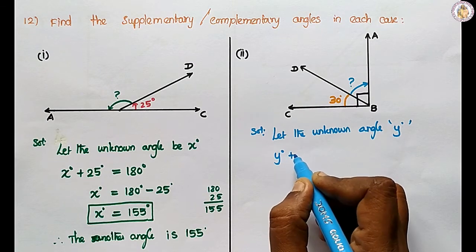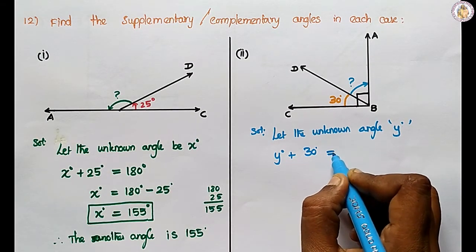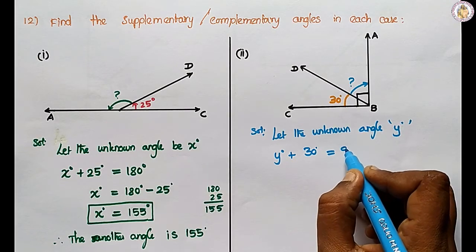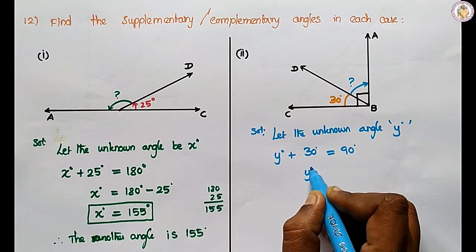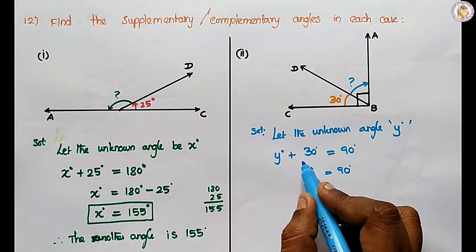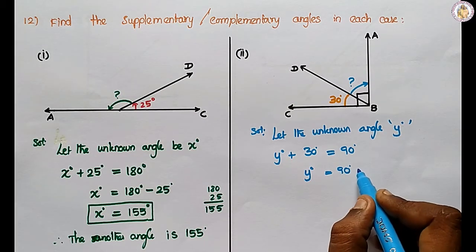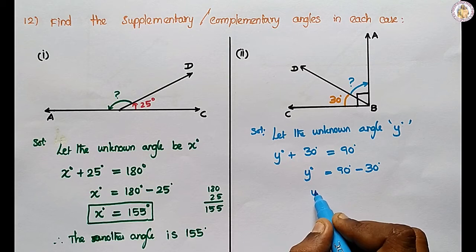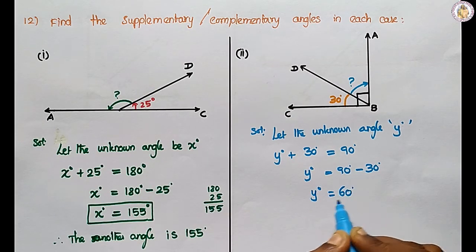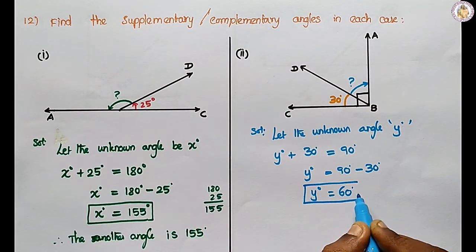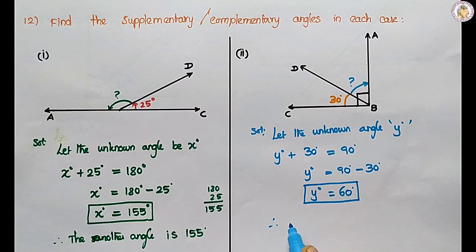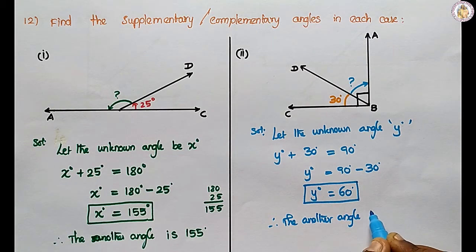Angle y degree plus 30 degree is the complementary, that is 90 degree. So y degree equal to 90 degree minus 30. So y degree equal to 60 degree. Therefore, the another angle is 60 degree. That is the answer.